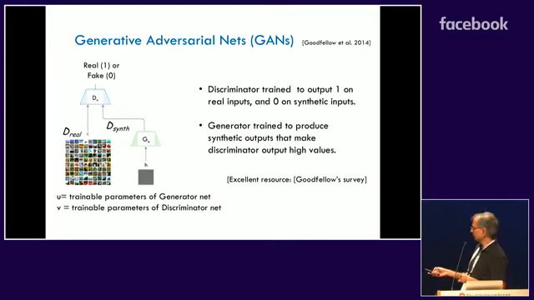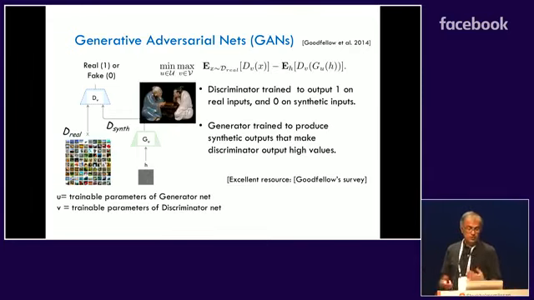And the generator is being trained to output synthetic images that make the discriminator output high values. So that's its training objective.